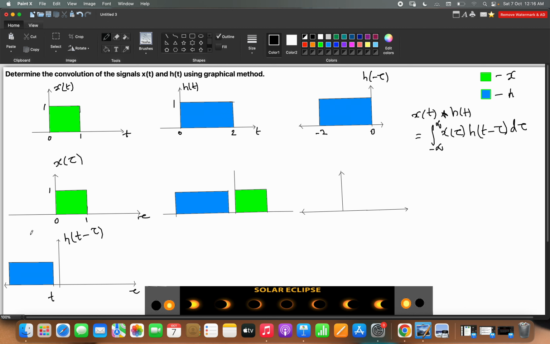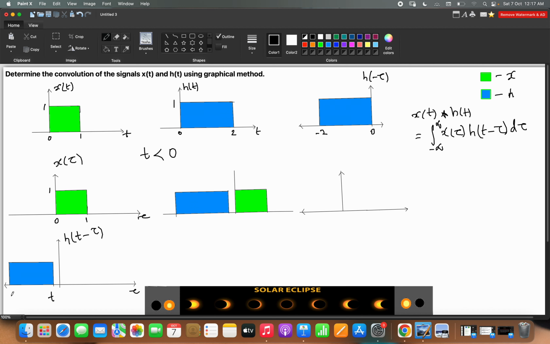Here what we are doing is we are solving for the first condition, that is we are considering the value of t is lesser than 0, that is t is a negative number. So in this case, if it is a negative number, the signal h of minus tau will shift towards the left hand side. So instead of 0, it will go to the point t. Instead of minus 2, it will be again shifted by t samples, and t is a negative number because t is lesser than 0.